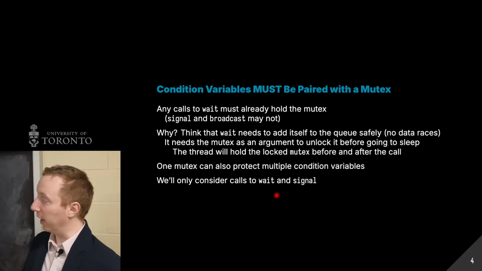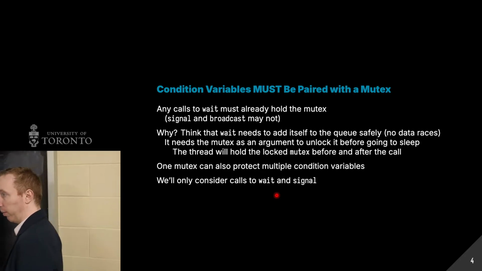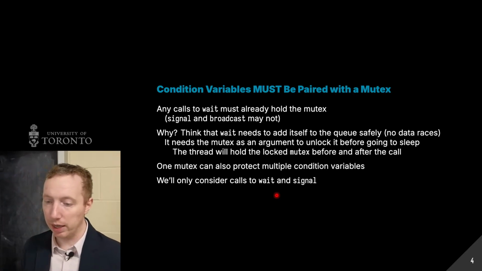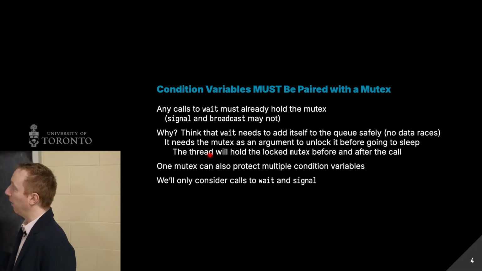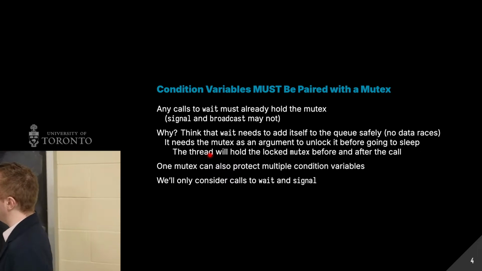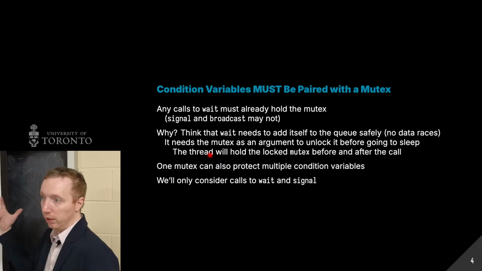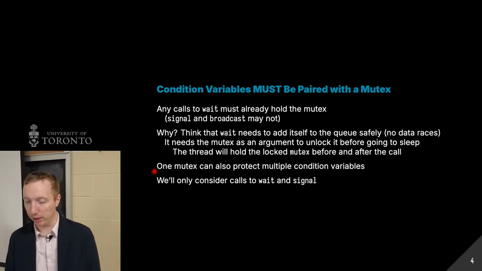It needs the mutex as an argument to unlock itself before going to sleep, otherwise no other thread could make progress. And it also has the rule that the thread will hold the locked mutex after the call completes as well. So after it gets woken up, it will reacquire it. So in both cases, you can assume that before and after the call to wait, you have the mutex acquired.